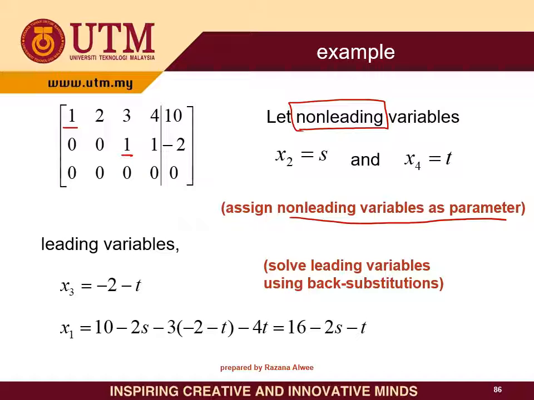The non-leading variables here are x2, which we assign as s, and x4, which we assign as t. And then we solve the leading variables using back substitution. So x3 is equal to this one going back: -2 minus t.